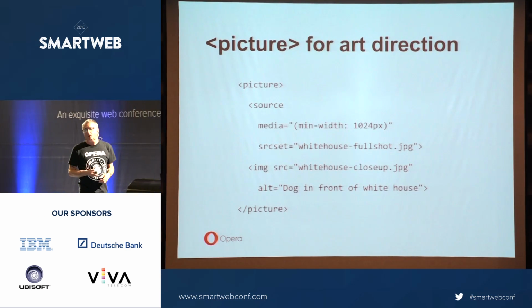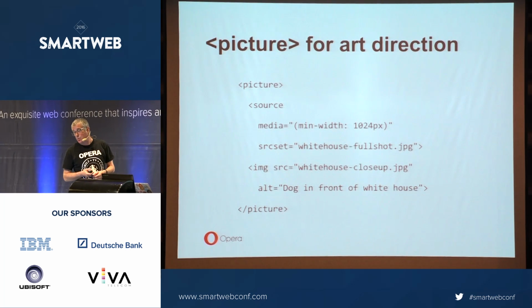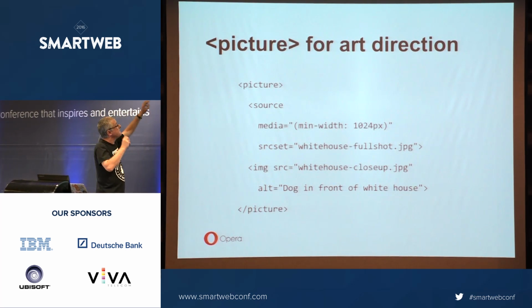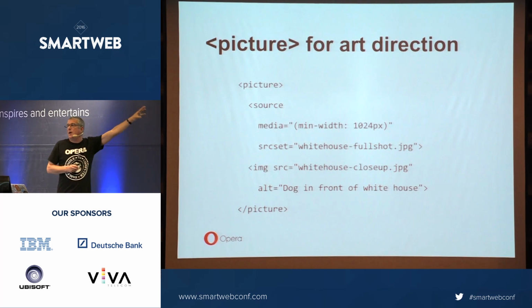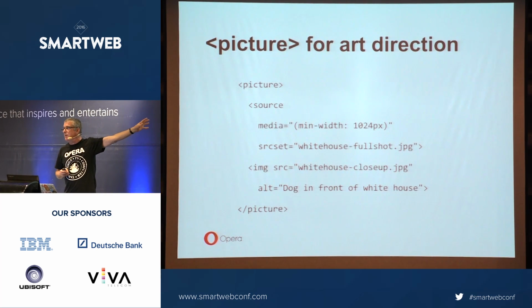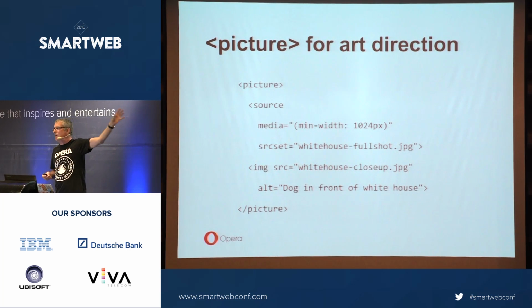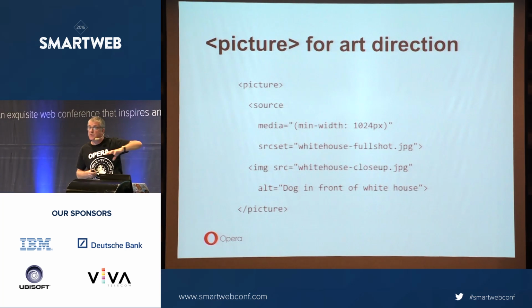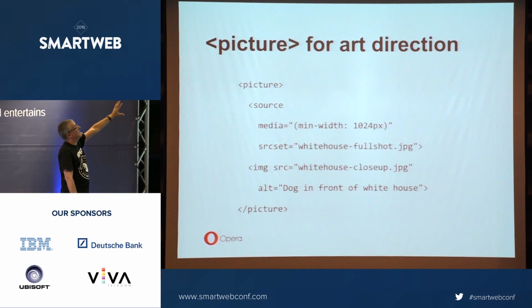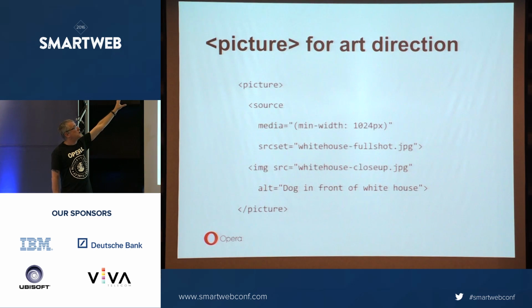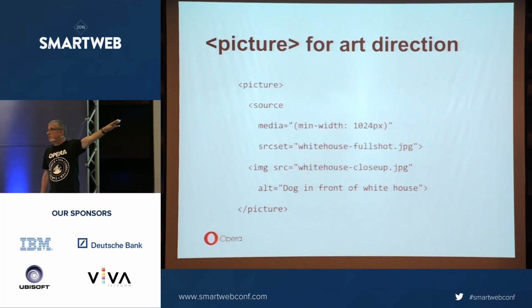You can do this. We have a picture element, we have a source element, we have a media query, and then we have a good old-fashioned IMG with an SRC, so no browser loses out, but browsers that do understand responsive images on super wide screens will get the full shot.